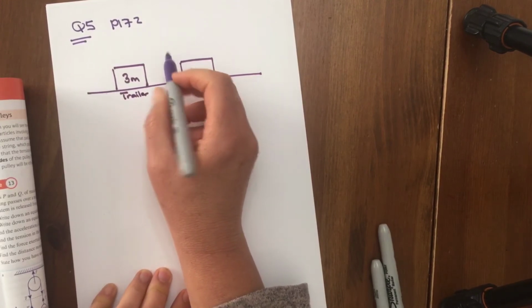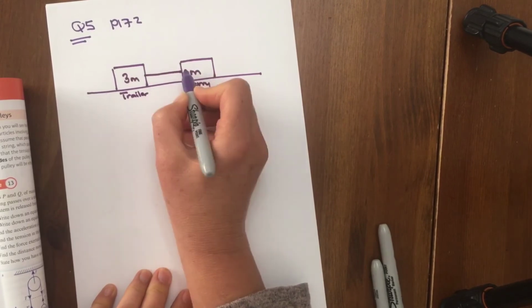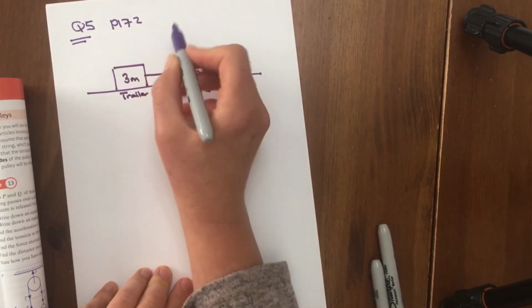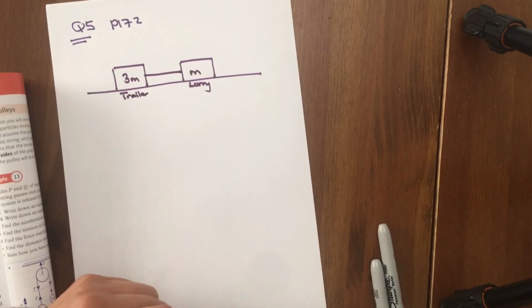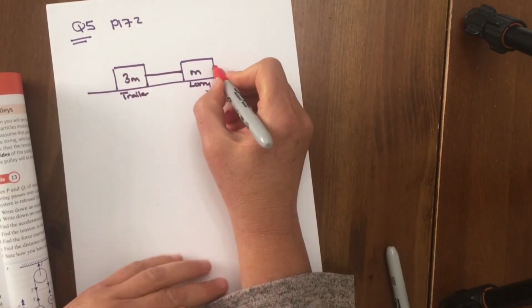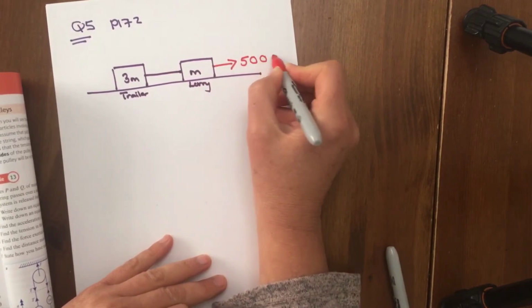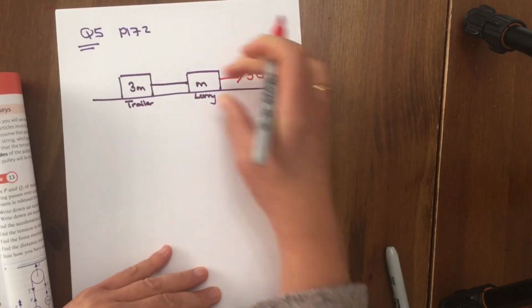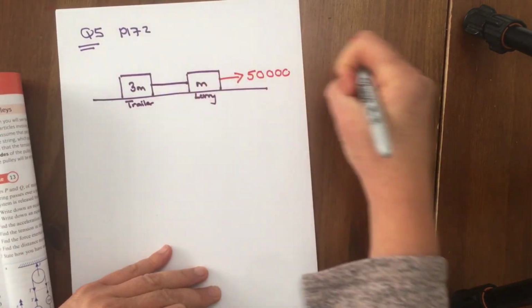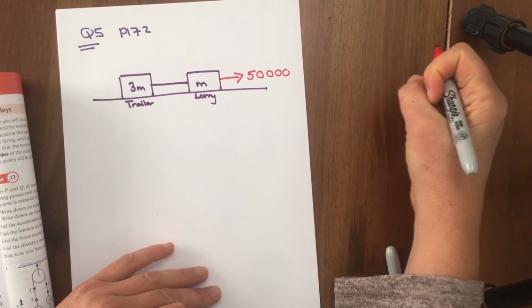They're connected by a light inextensible tow bar, so we don't need to worry about the weight. The acceleration will be the same. The lorry exerts a driving force of 50,000 newtons. So basically, that's the driving force, okay? That's what's pulling. A driving force is a pulling force to pull the trailer and the lorry forward.